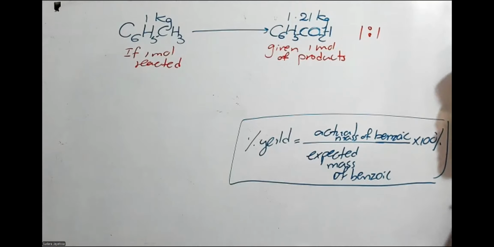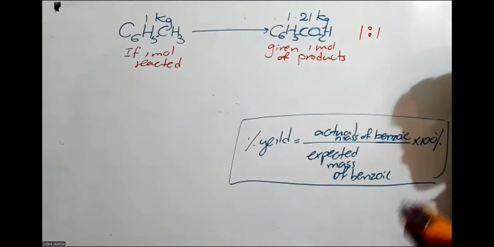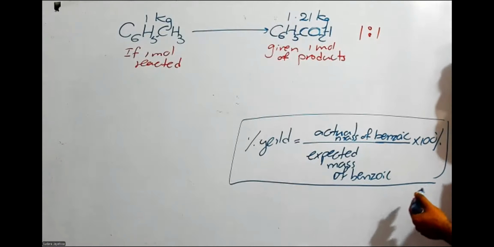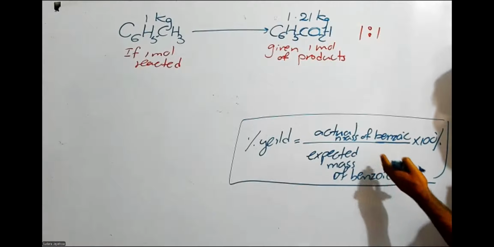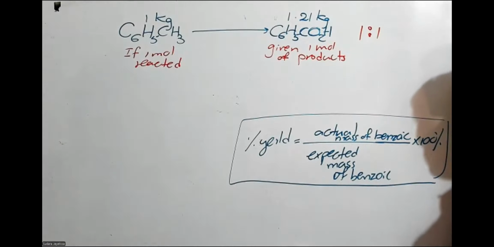It's just like the way you get marks in a test or exam: out of 100, the total marks over the expected marks.